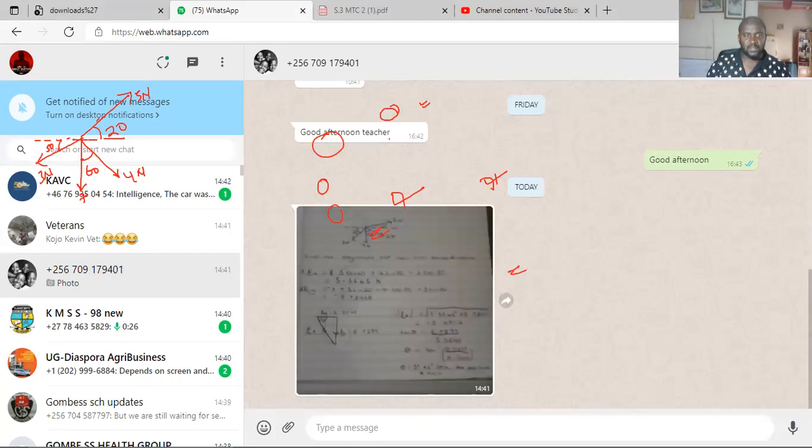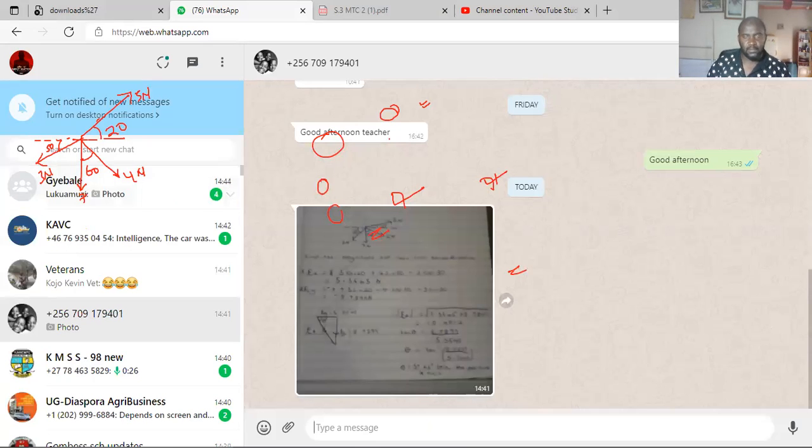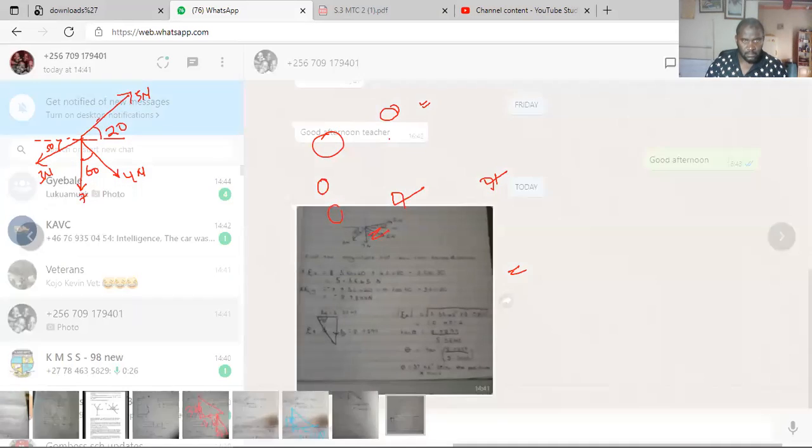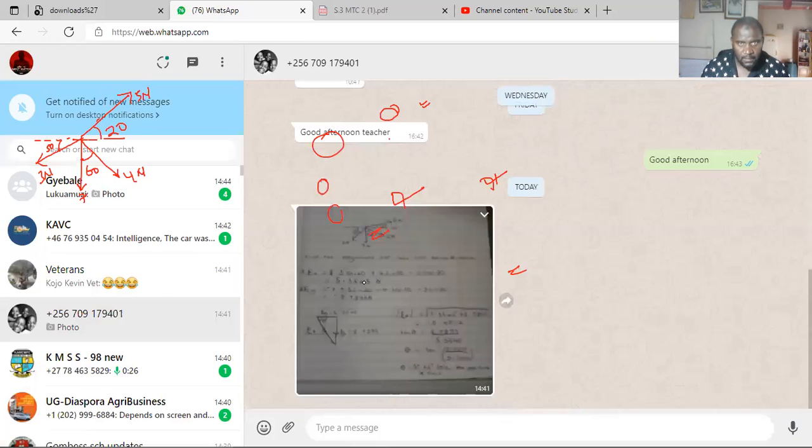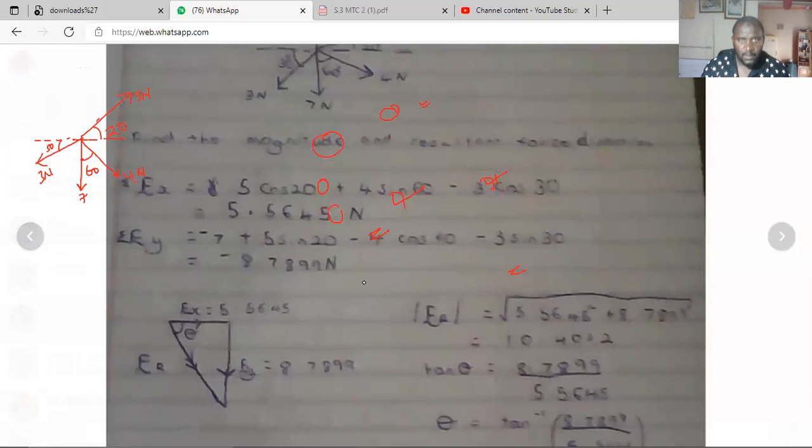Any other person who has sent? No one. But teacher, the 5 Newton force is on the 20 degrees. Let me check again. Then the statement is correct.